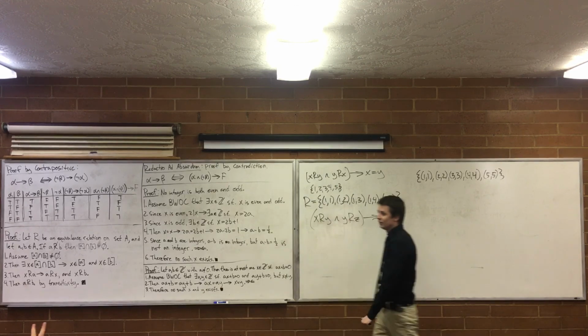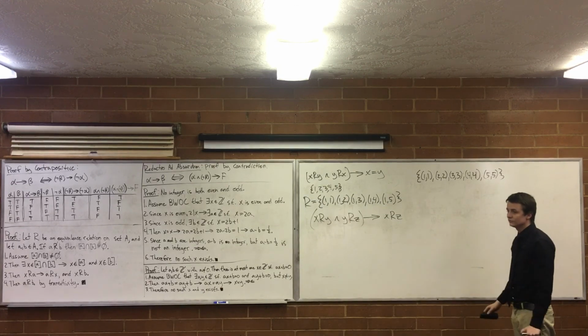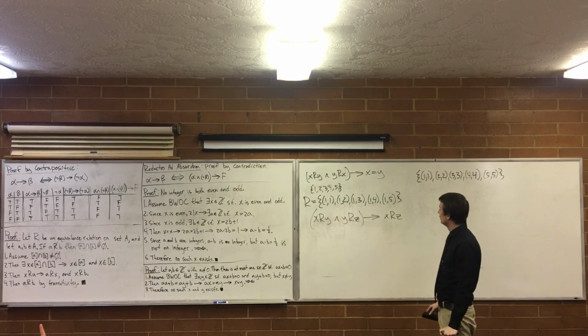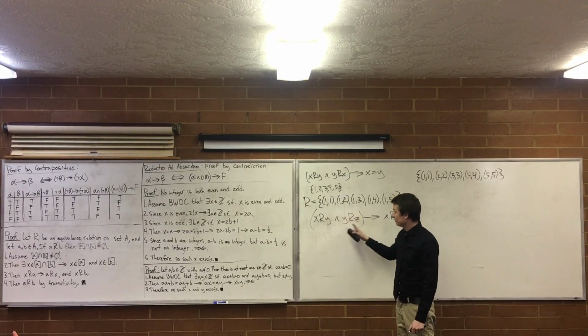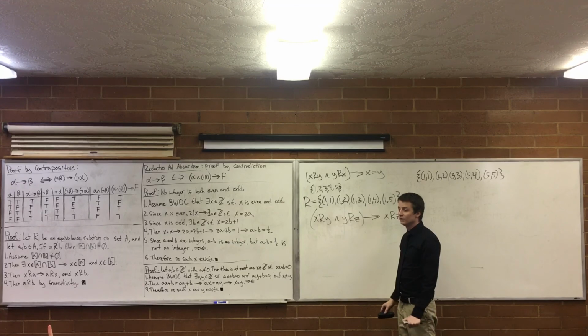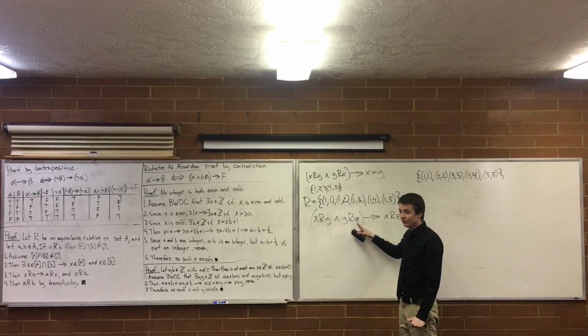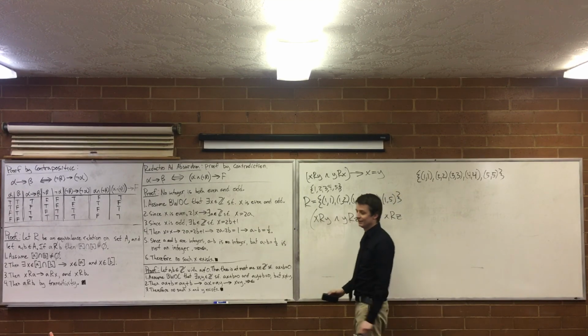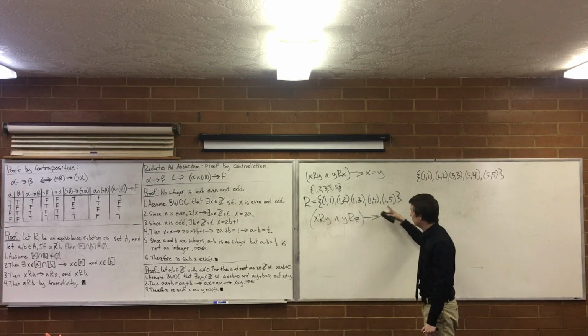Okay, I see that now, but also it doesn't work in some cases. I don't know when it doesn't work. 1 is related to 2, and 2 is related to what? Oh, no, we don't have 2's related to anything up here.